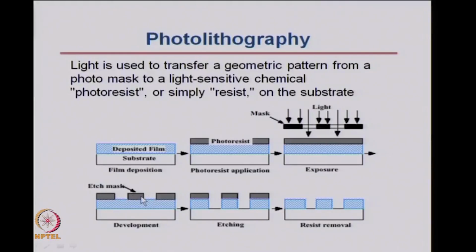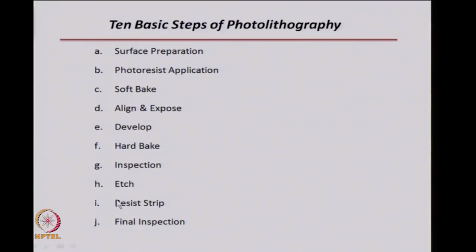Now, after this step, you have the substrate, then you have the film and the photoresist is at certain parts on top of the deposited film. Now, if you etch or remove this mask, then only you can see this.